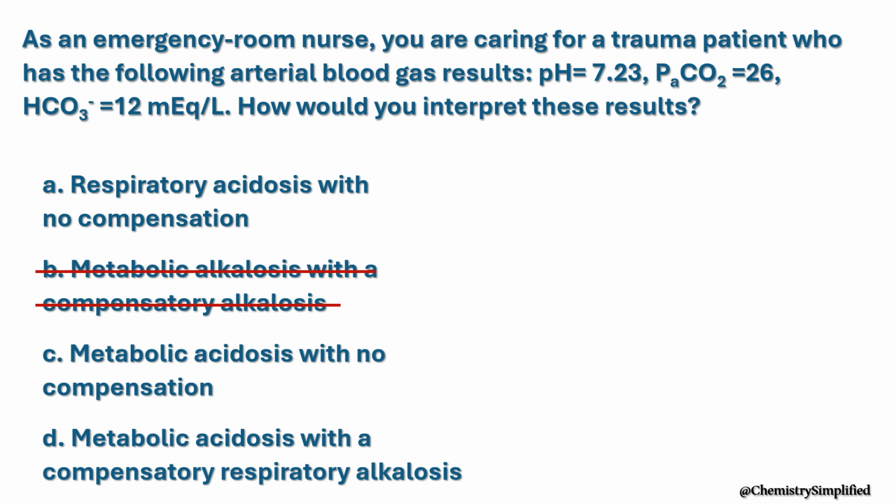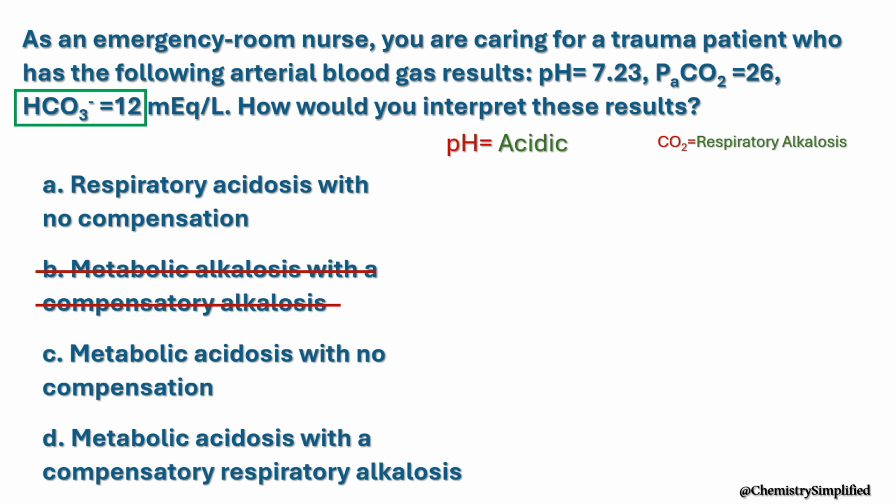So we have pH, which is acidic, and carbon dioxide, that tells us that the answer should be respiratory alkalosis, and we know the answer cannot be alkalosis because it disagrees with the pH. The pH is the Supreme Court. The pH is king. Anything that disagrees with the pH cannot be right. So therefore, respiratory alkalosis is not the answer.